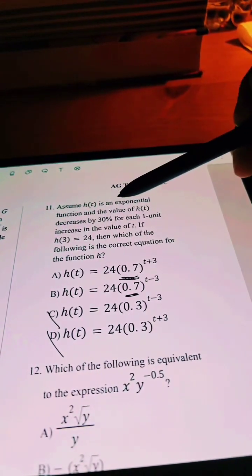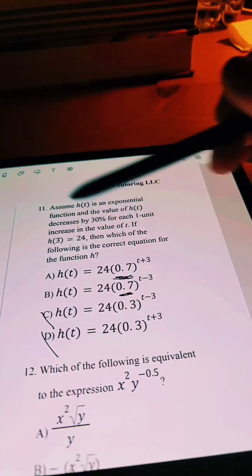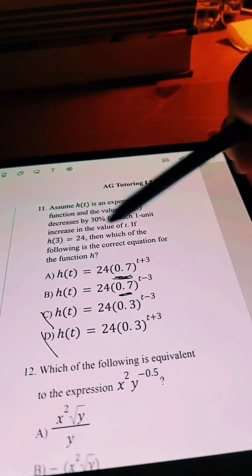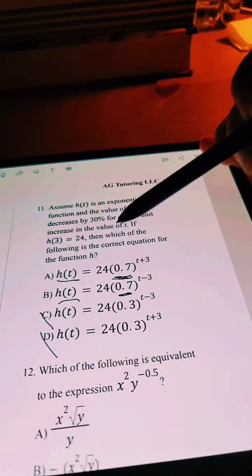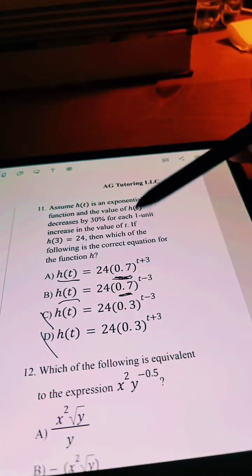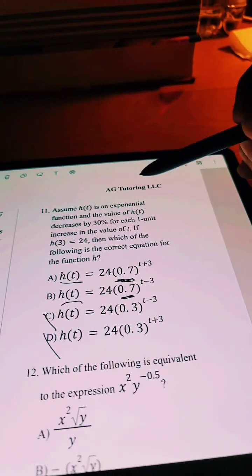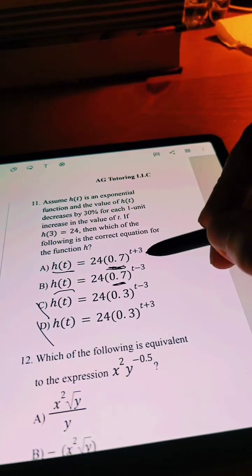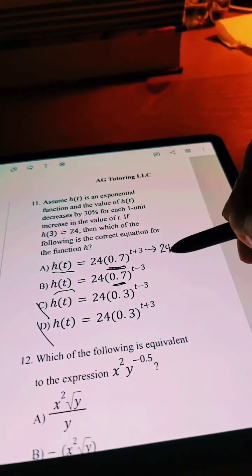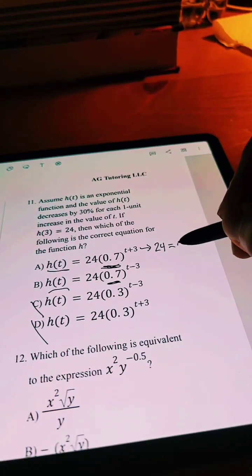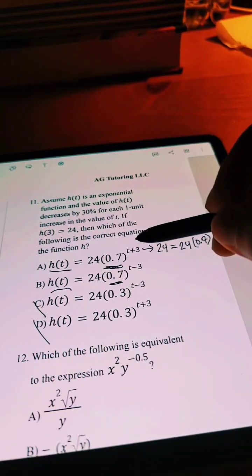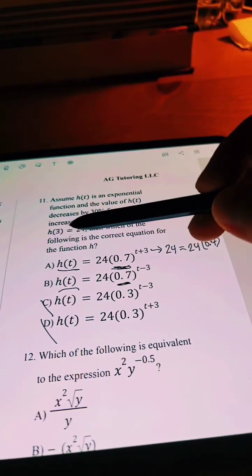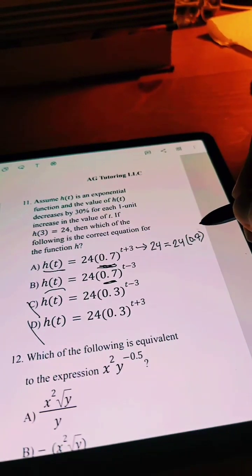Then what you can also do is plug in the 3 for t and the 24 for your h of t value, and then you can see which of these is correct. So let's do that for A. For A, we have 24 is equal to 24 times 0.7, and remember your t is going to be 3 in this case.